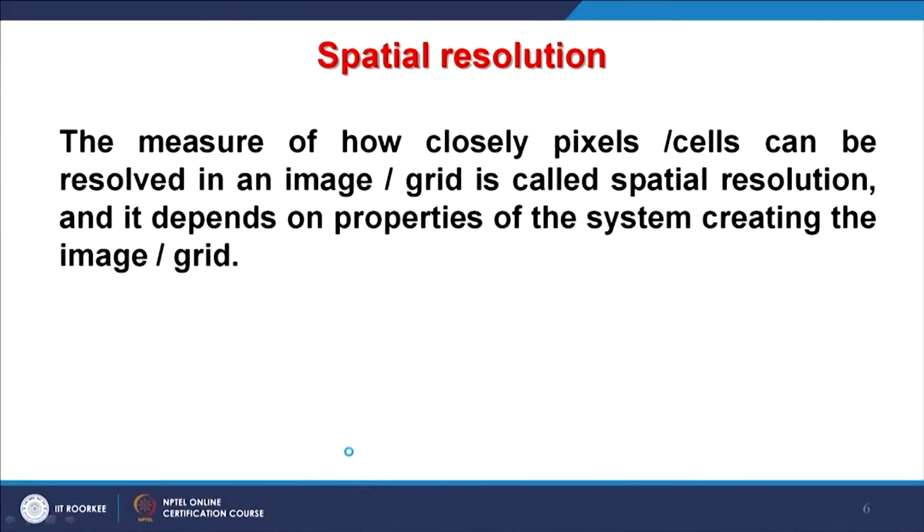In the case of a grid, if two cells have a large difference in values, then they will appear very distinctly. Whereas if they have almost similar values, then you won't see it. So this resolving will be a different problem there.